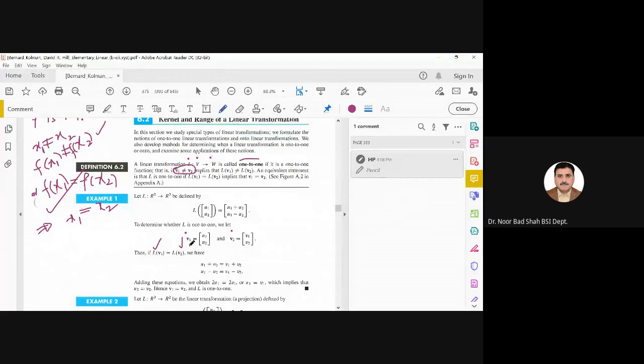So you see, L of V2 is similarly V1 plus V2 and V1 minus V2. If you find L of V1, what will it be? V1 has components U1, U2, so by definition the components are U1 plus U2 and U1 minus U2.